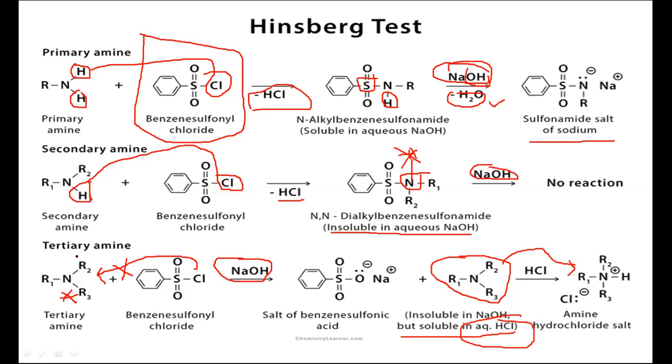But when treated with sodium hydroxide, it forms the salt of benzene sulfonic acid, and the tertiary amine remains. This tertiary amine dissolves in hydrochloric acid because it forms a quaternary salt. In this way, primary, secondary, and tertiary amines can be separated.